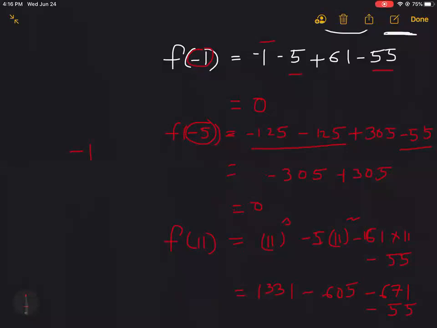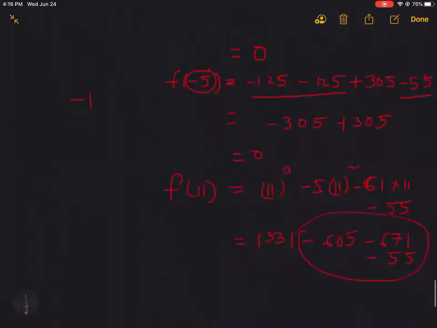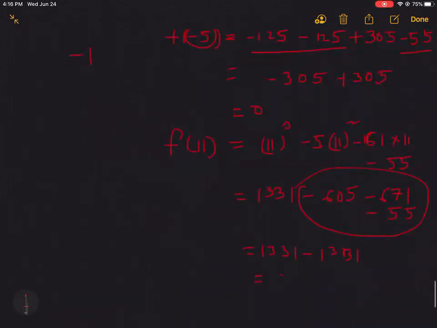So 671, 55, and 605, yeah, these three will combinedly give me 1331. So that's a real zero as well.